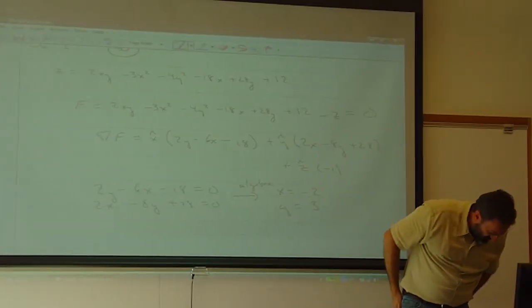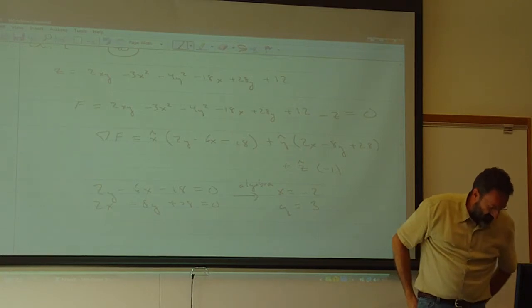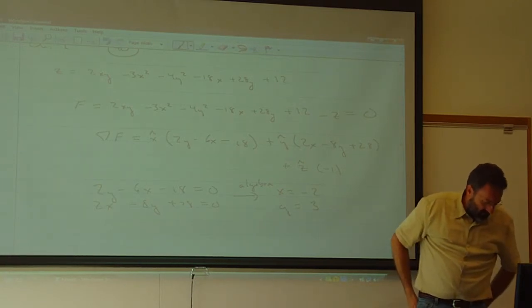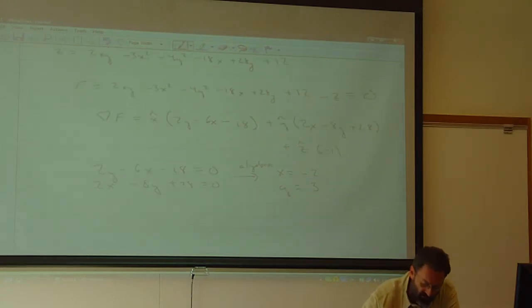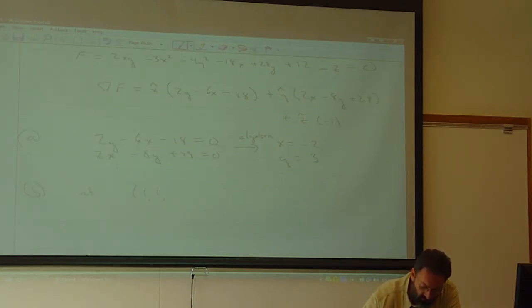Okay. And then it says, how steep is the hill at 1, 1? So I would put in the values. Oh yeah, that's kind of a clever question. So here's A. So B, at 1, 1, and whatever z is, then I can figure out how steep the hill is.